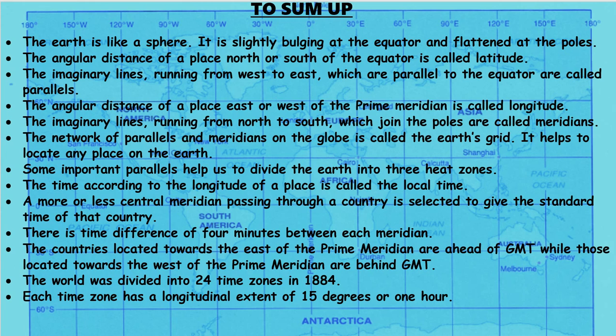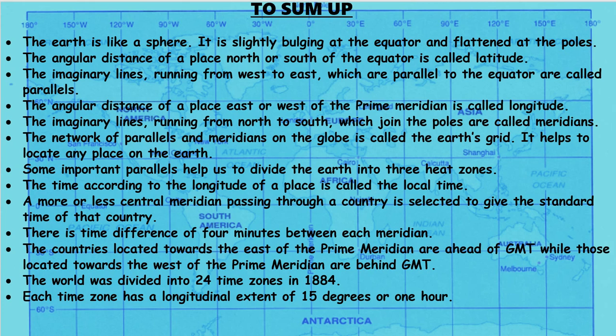It helps to locate any place on the Earth. Next one. Some important parallels help us divide the Earth into 3 heat zones. We have already discussed the torrid zone, the temperate zone, further divided into north temperate zone and south temperate zone, and then the frigid zone, the north frigid zone and the south frigid zone.